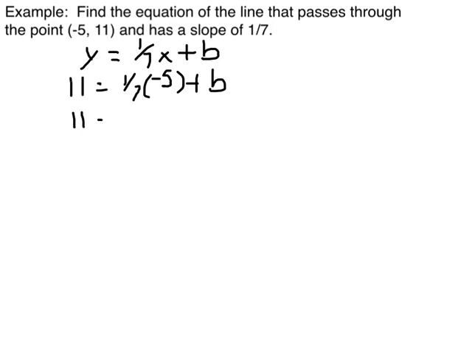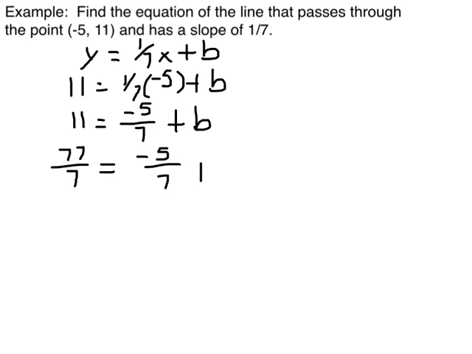I'm going to get 11 equals negative 5 over 7 plus b. So I have a denominator of 7, so I need to convert this 11 to something over 7 that would still equal 11. That would be 77 over 7 equals negative 5 over 7 plus b.